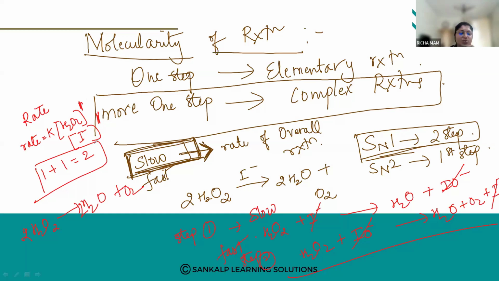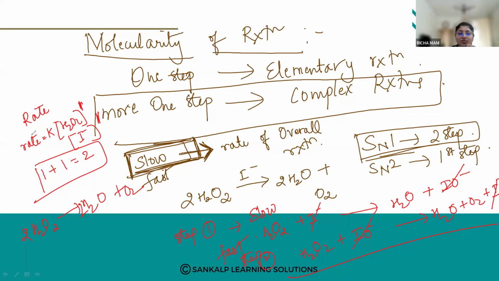So this is the molecularity of the reaction. Molecularity of reaction is different, and order of reaction is different. What is molecularity? It is the number of reacting species taking part in an elementary reaction, and these must collide simultaneously in order to bring about a chemical reaction.